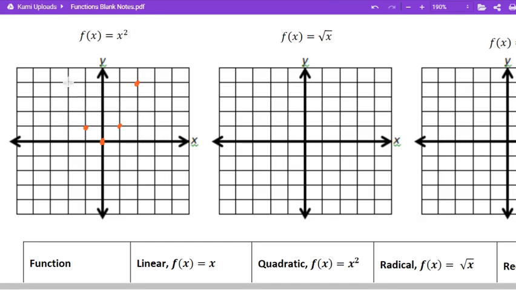And because it's symmetrical, right, we can just copy the dots on both sides. Smooth curve to connect, and an arrow on each end to show that the quadratic function continues to open and open and open.